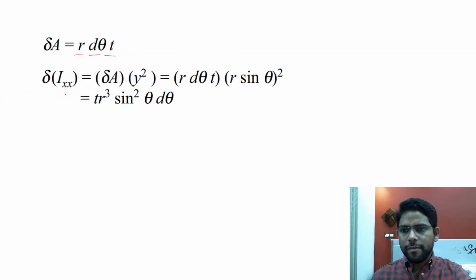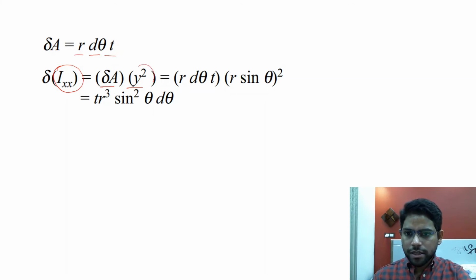So the second moment of area of that elemental strip will be equal to del A multiplied by y square, because this is the distance on the y axis and this is basically del A.